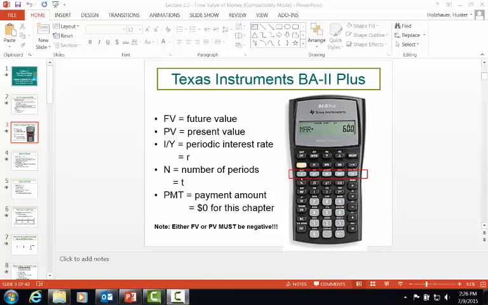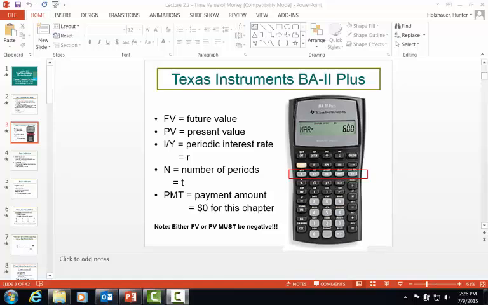Now, one thing that you really want to pay attention to, and I made a note here, is that either the future value or the present value must be negative. So even though in the problems they're going to give you a positive amount for these amounts, for the calculator it has to assume that somebody is putting money into this system at some point.